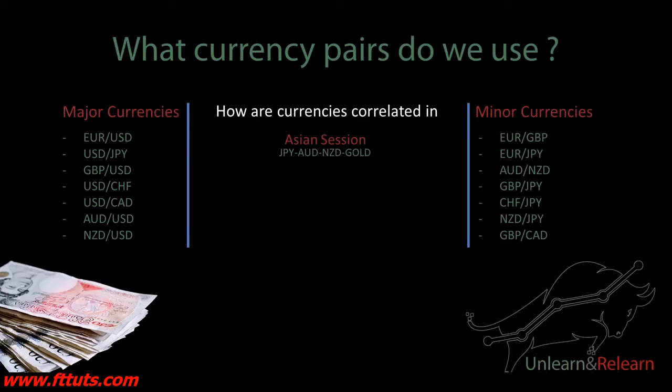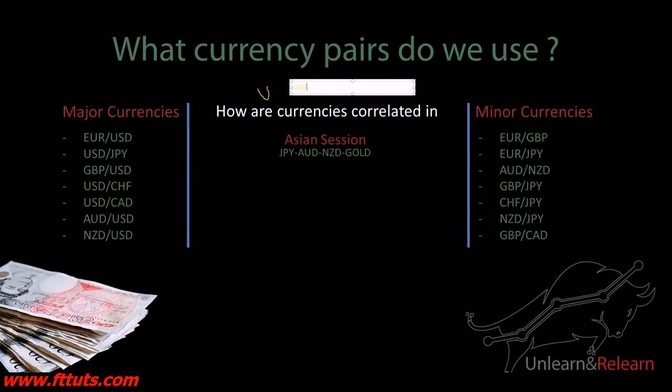Let's say we have your USD JPY. Let me just write it down over here. Let's say you have USD JPY, you have GBP JPY, and then you have Euro JPY. Now this will be sort of interesting for some people. When you're looking at USD JPY in the Asian session, there's only JPY that's open in USD JPY, only JPY open in GBP JPY, and only JPY open in Euro JPY.